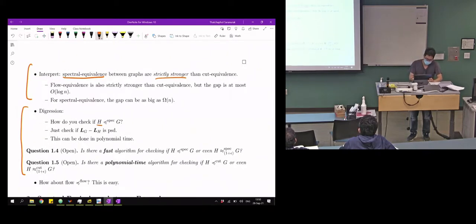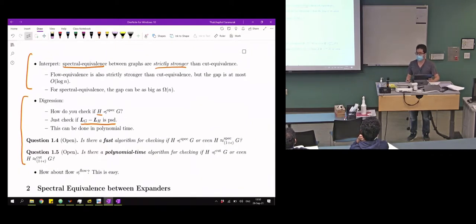So if you are given two graphs H and G, can you check if H is less than G? Well, that can be done, because you just need to check if this is PSD, and that can be done in polynomial time. However, is there any fast algorithm for that? I don't know.